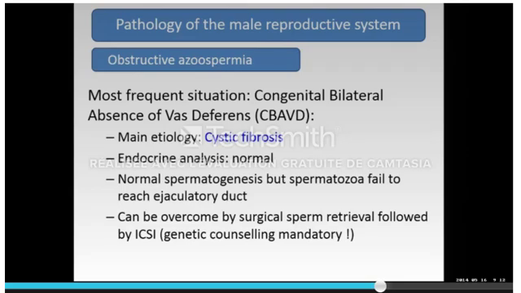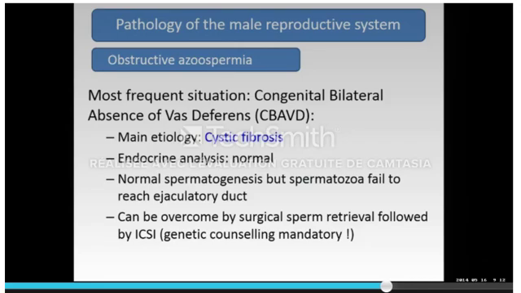Okay? So the main etiology, the most frequent case is cystic fibrosis. And cystic fibrosis is associated with CBAVD in more than 95% of the cases. All CBAVD are not cystic fibrosis. All cystic fibrosis do not have CBAVD, but this is, from far, the most frequent association.